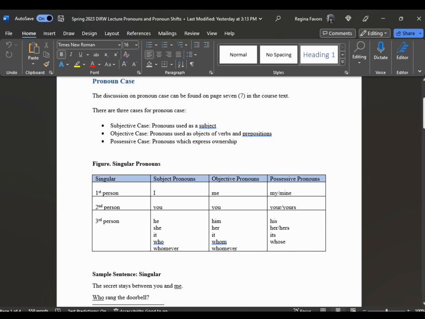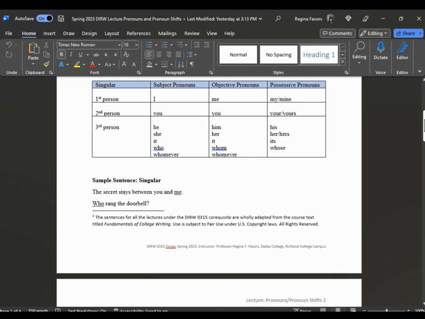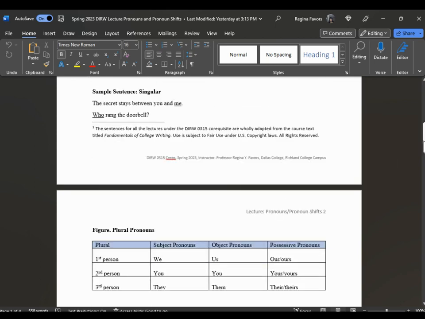It's a possessive pronoun. If you look at a sample sentence, singular: the secret stays between you and me. The me is the objective pronoun here, and it's receiving the object of secret, right? Who rang the doorbell? That's the person who is in the subject position, so it's going to be a subject pronoun here, as you see.